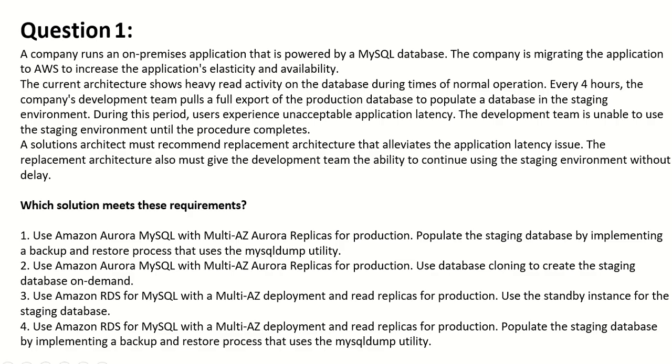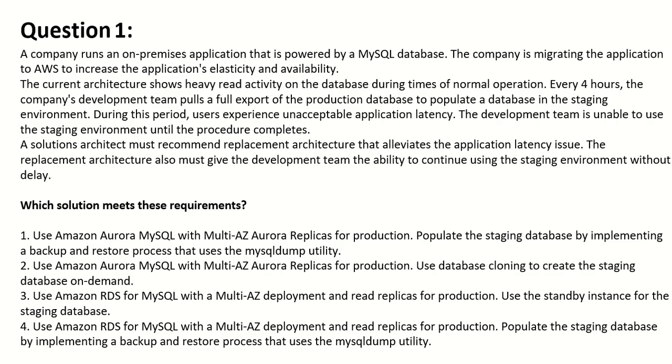Option 1 says use Amazon Aurora MySQL with multi-AZ Aurora replication for production. Populate the staging database by implementing a backup and restore process that uses the MySQL dump utility. Option 2, use Amazon Aurora MySQL with multi-AZ Aurora replicas for production. Use database cloning to create the staging database on demand.